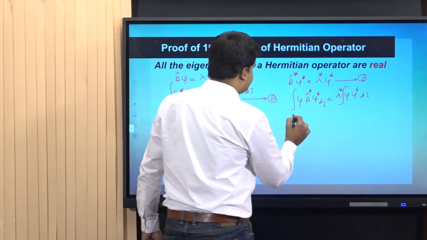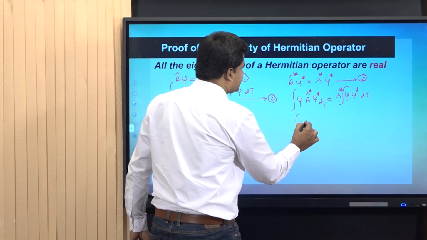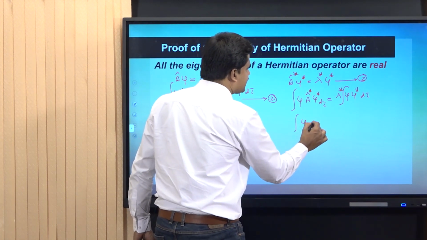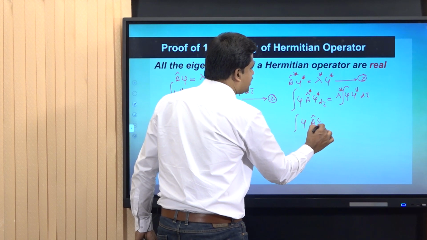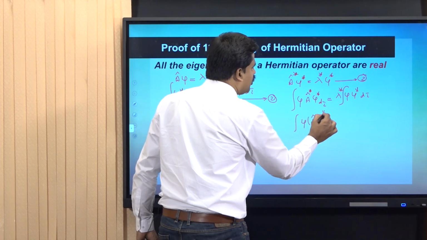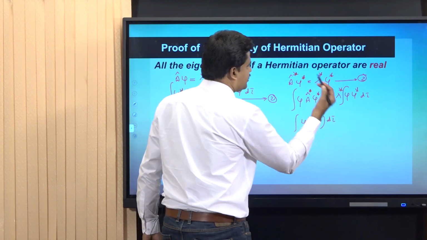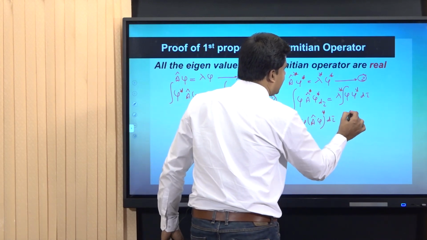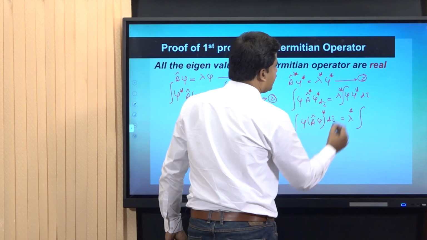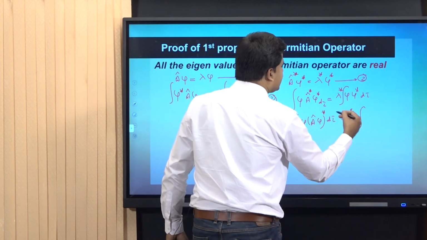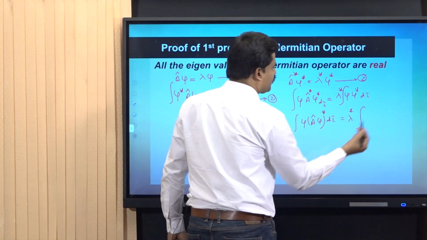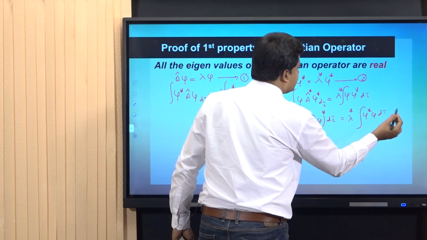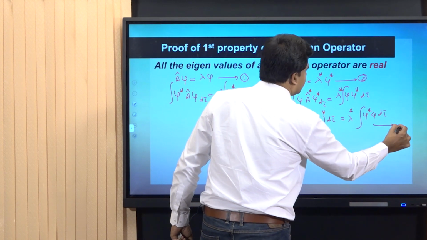Or simply, the integral of psi A hat star psi star can be represented as the integral of psi times the whole of A hat psi star d tau, equal to lambda star times the integral of psi star psi d tau, since 4 into 3 is equal to 3 into 4, like that.